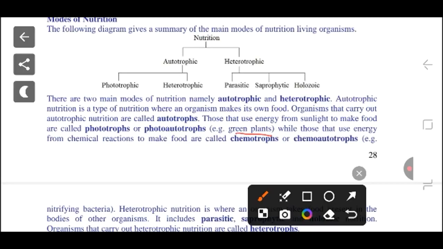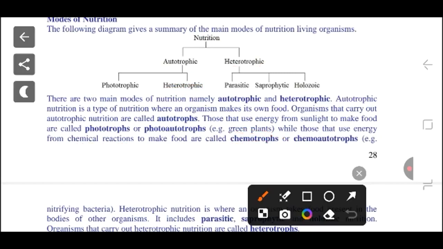While those that use energy from chemical reactions to make food are called chemotrophs. Under autotrophic, it's supposed to be chemotrophs, so you would indicate chemotrophs instead of heterotrophic nutrition, because heterotrophic nutrition goes elsewhere, not here.